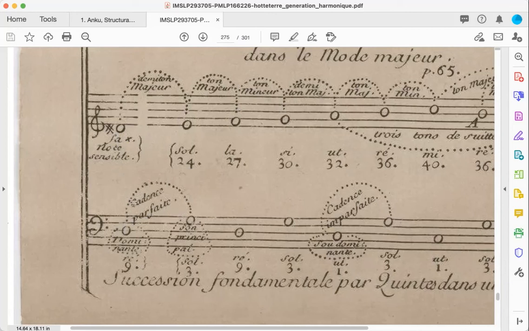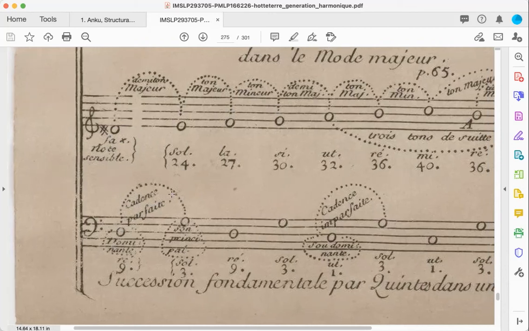Dominant moving to tonic is the cadence parfaite, the perfect cadence, okay? So for Rameau, anytime the fundamental succession moves from scale degree 5 to scale degree 1, that's going to be a perfect cadence, okay?